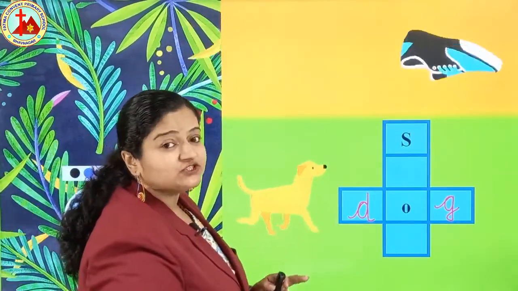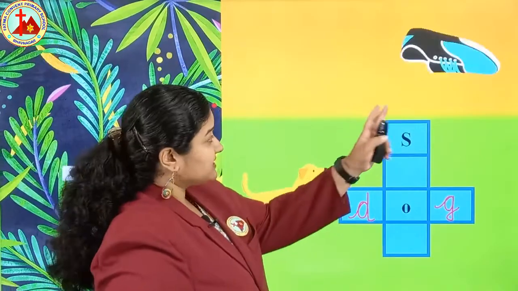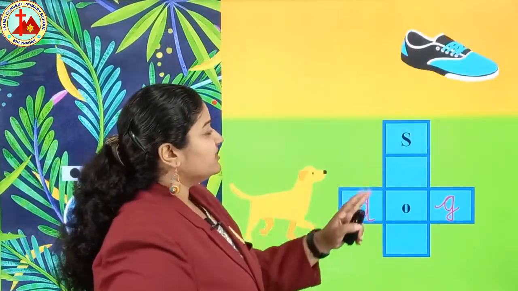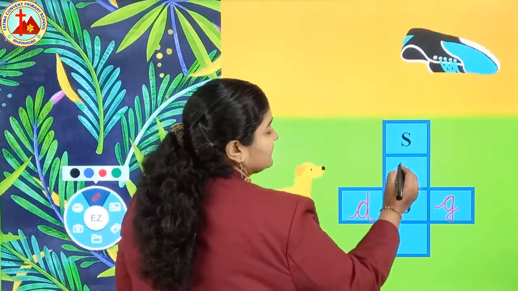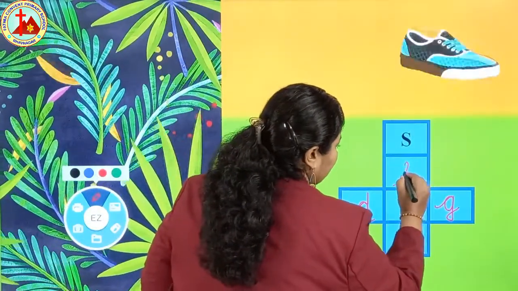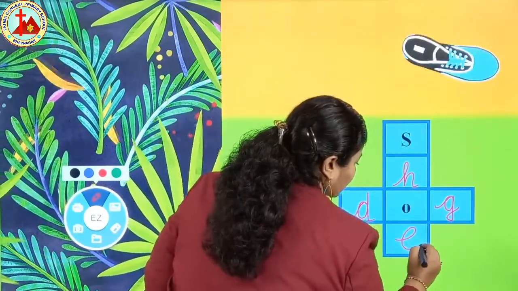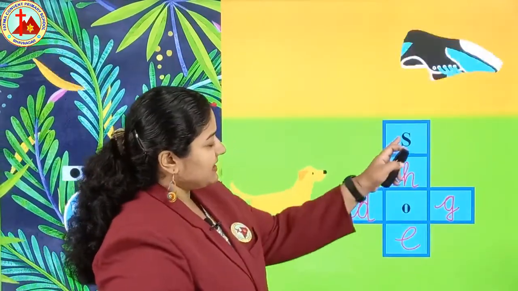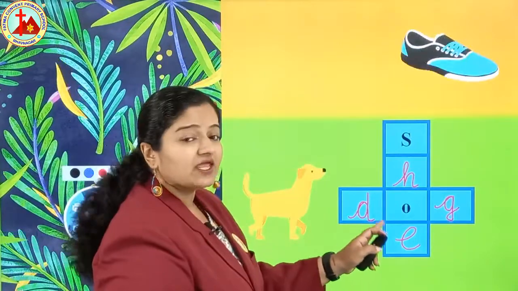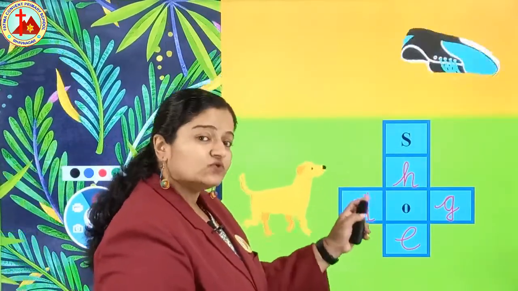If one shoe, then you have to say shoe. And if two are there, then you have to say shoes. But this is one shoe. So we will write shoe spelling. S is already written. S-H-O-E, shoe. So D-O-G, dog, and S-H-O-E, shoe. So we finish the crossword of dog and shoe.